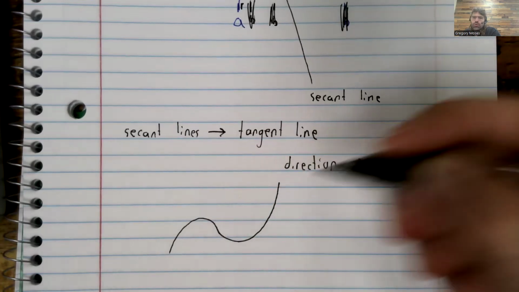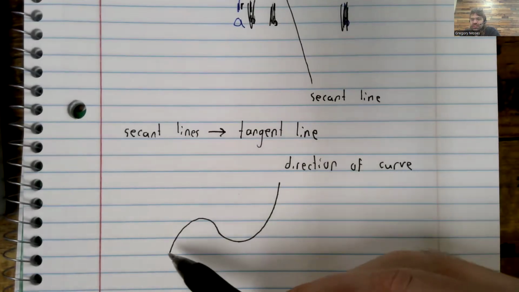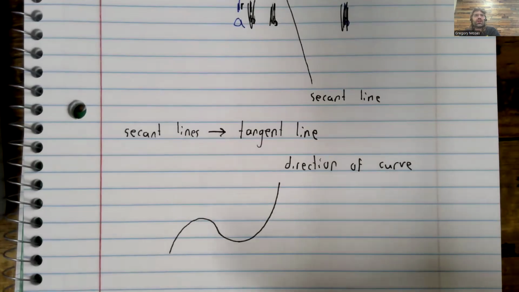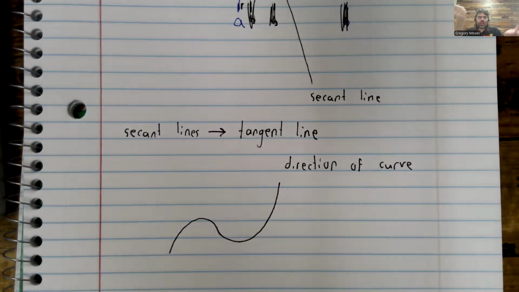Imagine that a curve is a road. You are physically traversing a curve. And because the road is always curved, you are always adjusting the steering wheel.